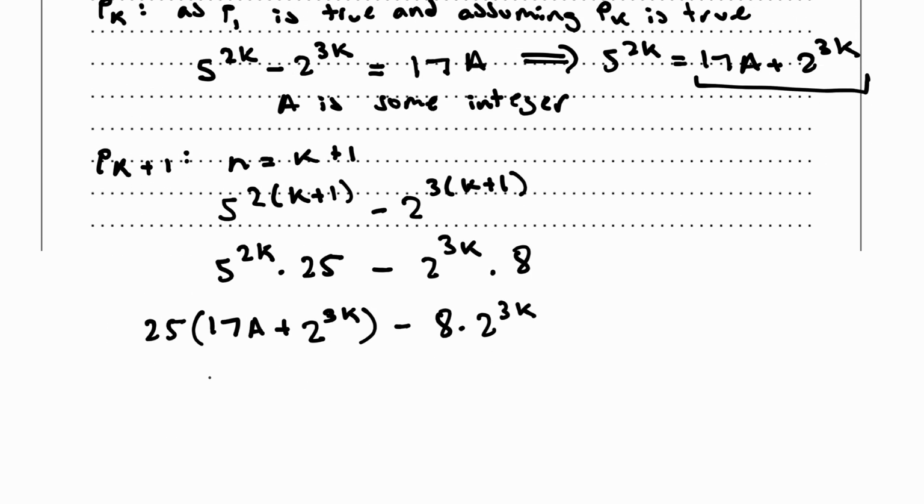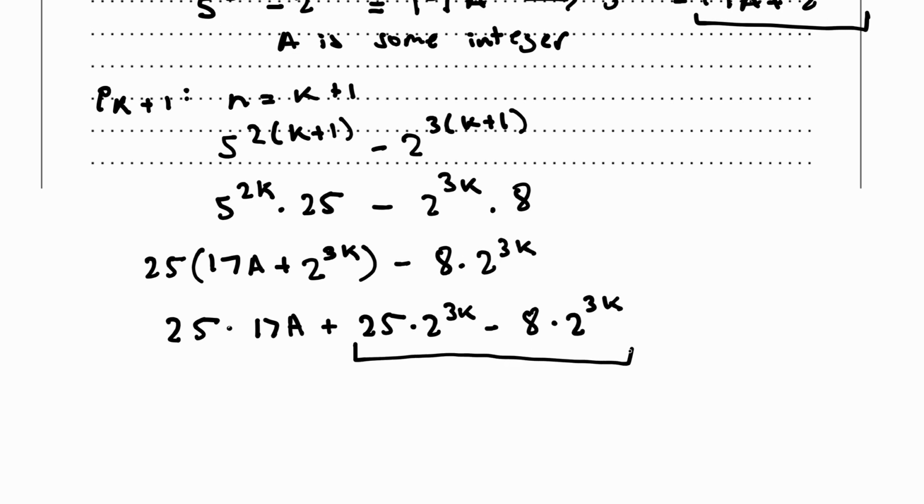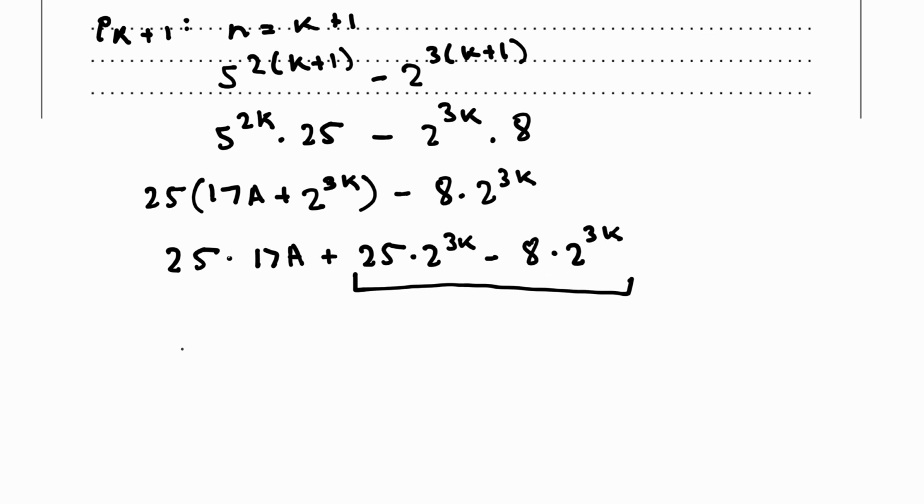Now let's expand this out. 25 times 17A plus 25 times 2 to the power of 3k minus 8 times 2 to the power of 3k. Now look right here. Can I not simplify these two terms?